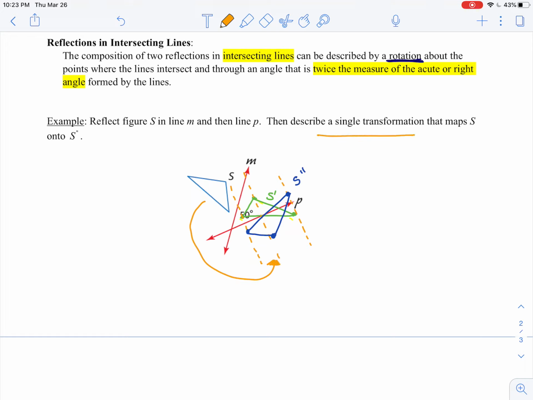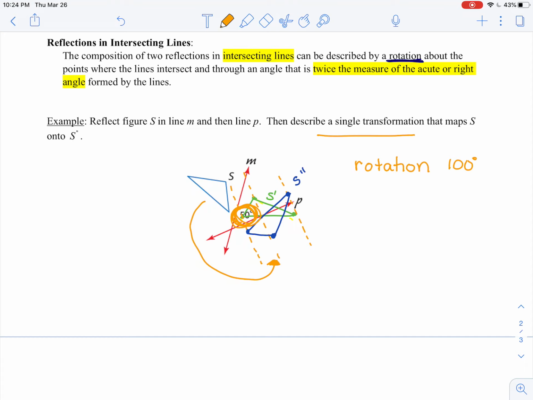So the single transformation that maps S onto S double prime is a rotation 100 degrees. And that's twice the measure of the angle formed by those two intersecting lines.